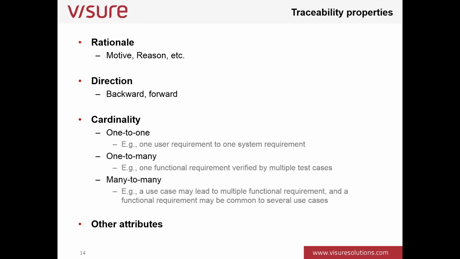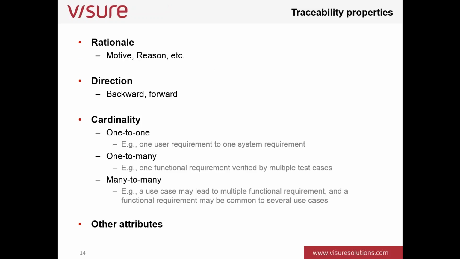So, traceability properties. Let's talk now about when we are creating a trace between two requirements or between our requirements and other artifacts, what we should include in that trace. Well, we have defined here 4 main properties, but it could be more. First of all is the rationale. We can say the motive, the reason for those relationships.